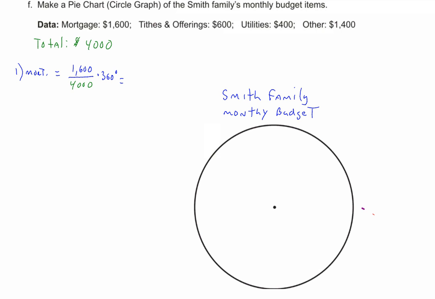Take your calculator, divide 1,600 by 4,000, then multiply by 360. And how are we rounding our degrees? To the nearest degree. Once you're done, raise your hand and tell me how many degrees we have for the mortgage. Colby? 144 degrees.